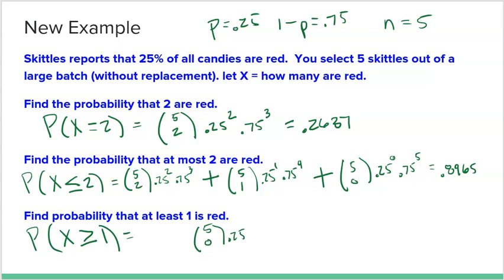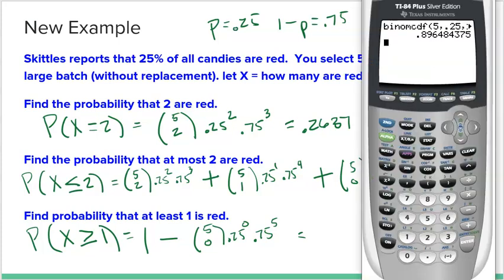That'll find me how many different ways it can happen. I want 0.25 to the 0, no red. 0.75 to the fifth, all not red. Now, this is not what I want, but if I take 1 and I subtract that, I'm left with at least 1. The opposite of at least 1, 1, 2, 3, 4, 5, is none. So it's much easier to find the probability of none and then do 1 minus that.